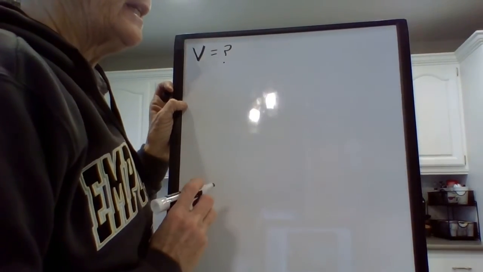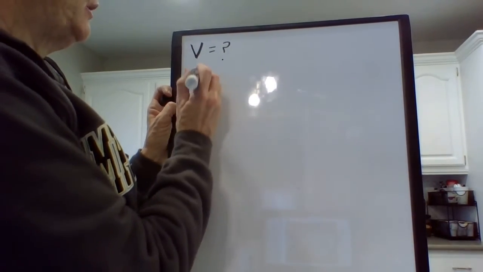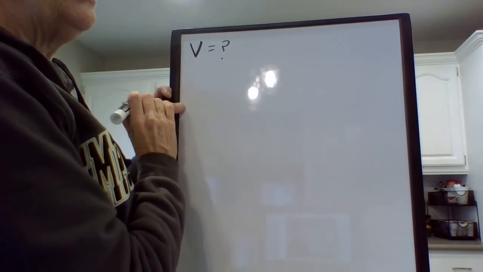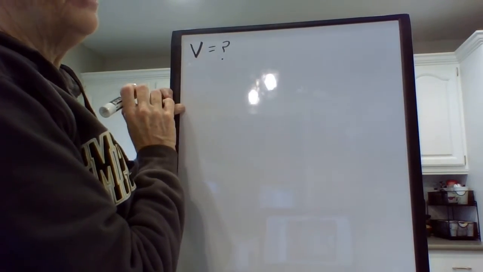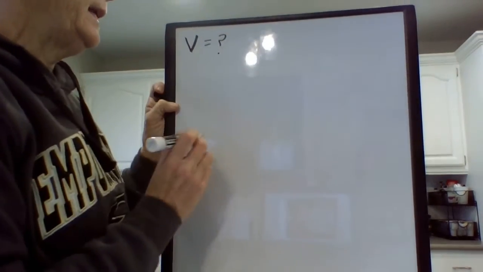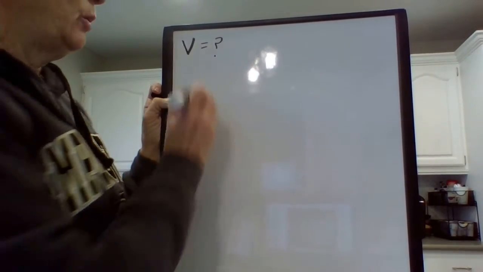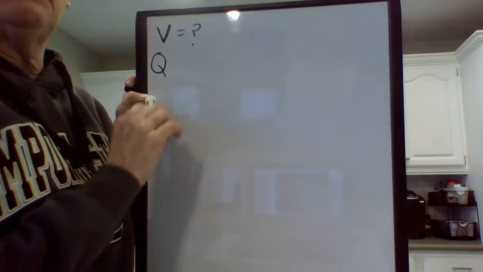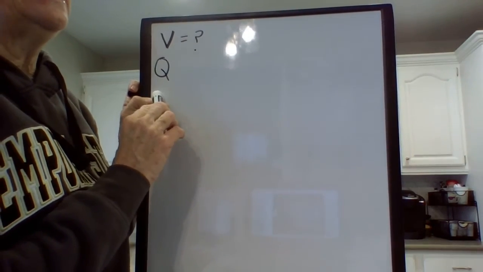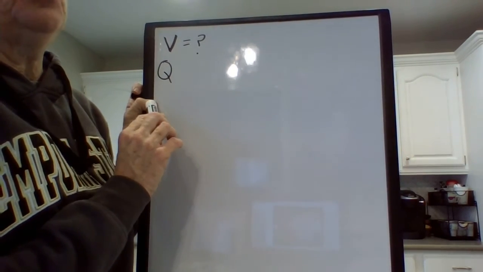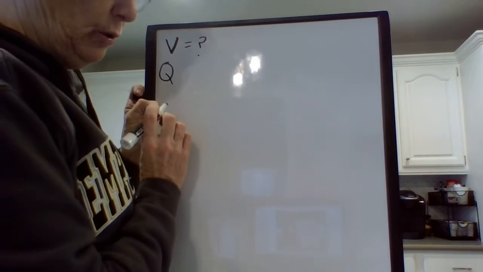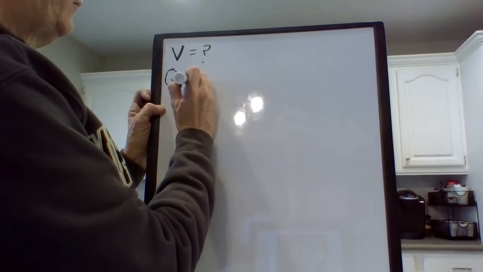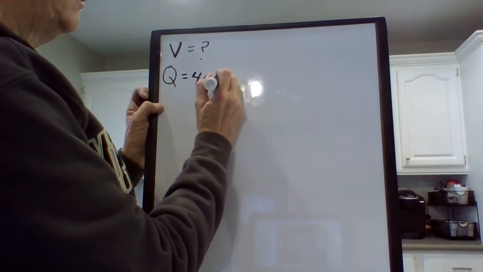It tells us that the stationary charge is 4 coulombs. If you got that from the last worksheet, anytime there's a stationary charge, we make that a capital Q. An easy way to remember that is it's a queen, it's sitting on a throne and doesn't move. So it's a capital Q, and it's 4 coulombs.